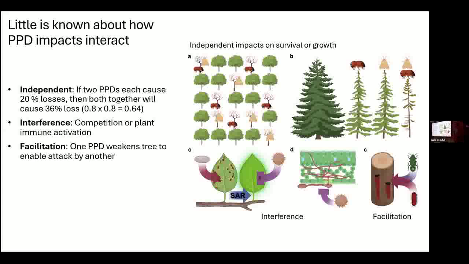Or we can have a situation where there is facilitation among the arrivals, and this is based on a real example, acute oak decline in the UK. It's a bacterial, microbiome-type situation.